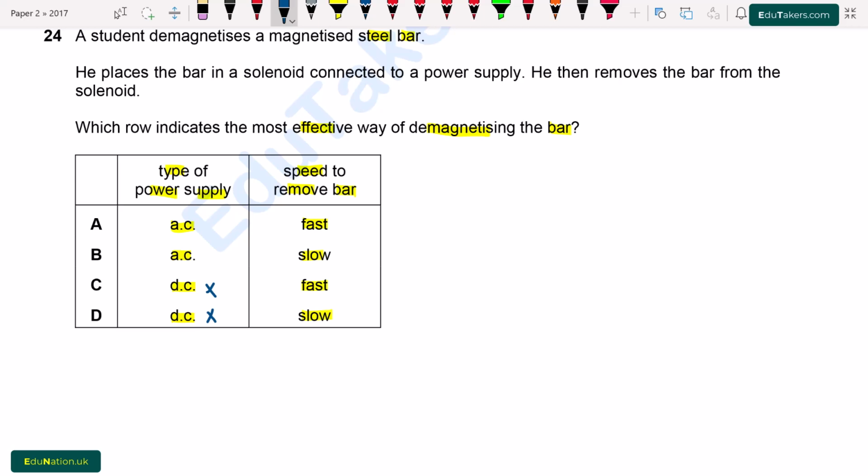For demagnetization, we have to remove the bar slowly so that the current decreases gradually, due to which there will be demagnetization. It means the speed to remove the bar should be slow. From here, option B is correct. For the demagnetization of the bar, we have to use the AC power supply and the speed of removing the bar should be slow.